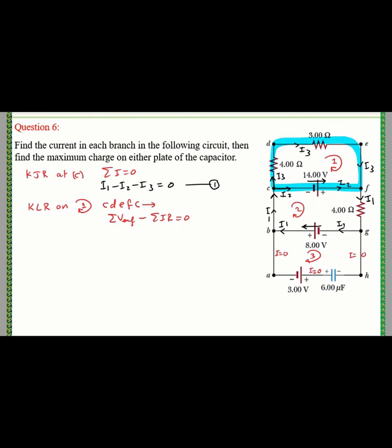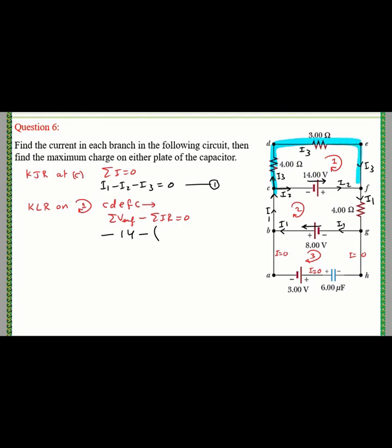It should have a negative sign, so it is minus 14 minus bracket. Now from C to D the current is I3, and I'm going from C to D in the same direction, and I3 is going through 4 ohm and 3 ohm at the same time.